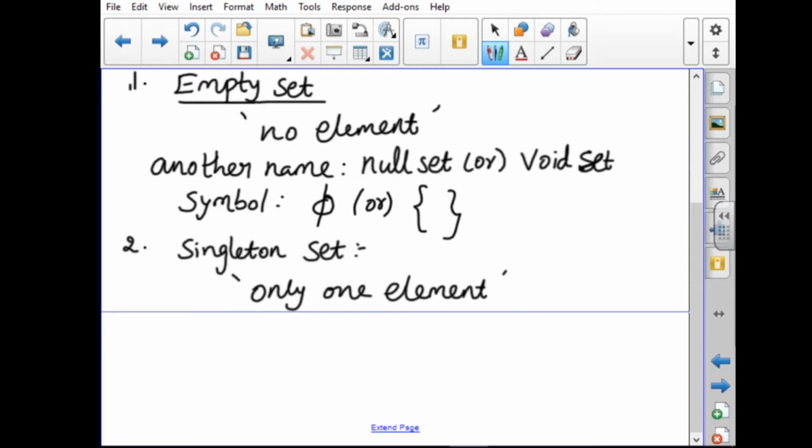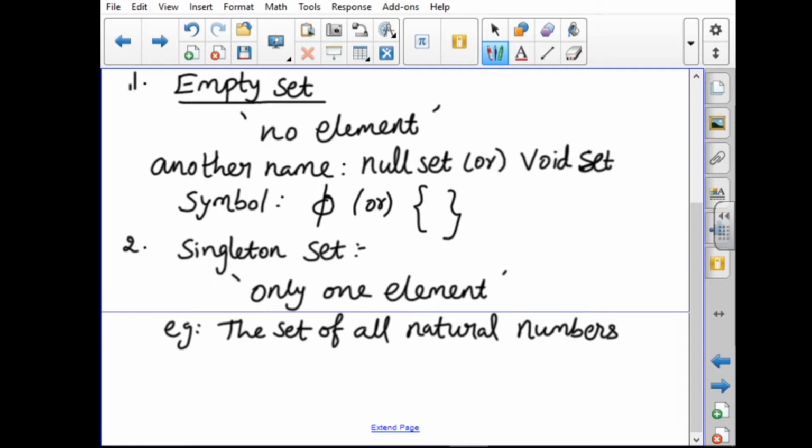For example, the set of all natural numbers between 2 and 4. So we have only one element, that is 3. So it is called a singleton set.